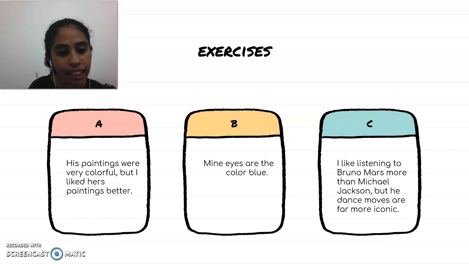Can you guys see it? Second, my eyes are the color blue. And the last, I like listening to Bruno Mars more than Michael Jackson, but his dance moves are far more iconic. So, do you know, guys, where is the possessive pronoun in the three questions?